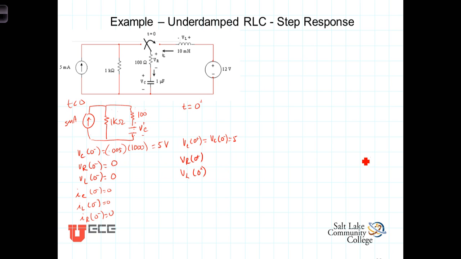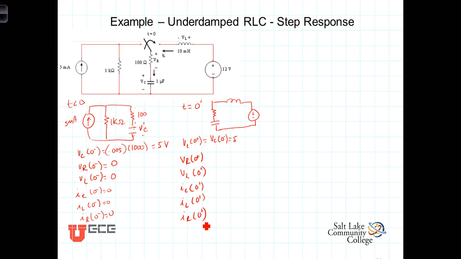Well, let's draw the circuit for that instant in time. We have the resistor, the capacitor, the inductor, and the voltage source. Now we see that the inductor and the resistor and capacitor are all in series. We also know the currents, I sub C of 0 plus, I sub L of 0 plus, and I sub R of 0 plus.